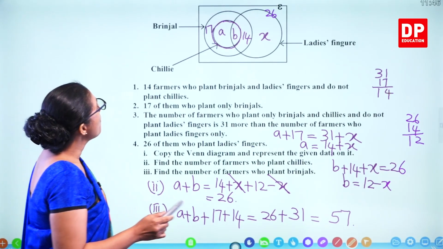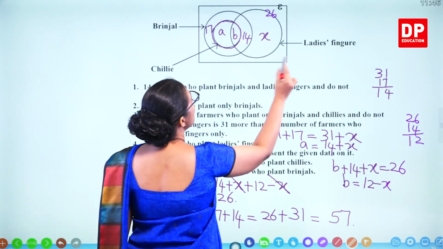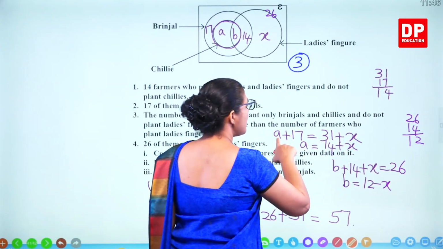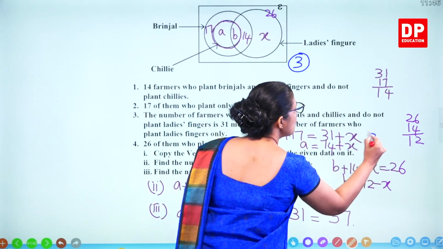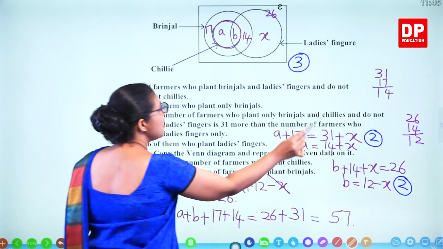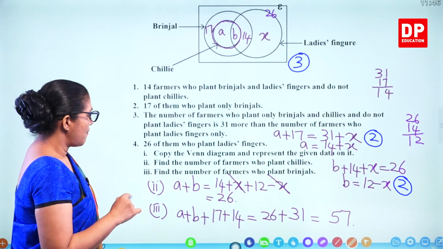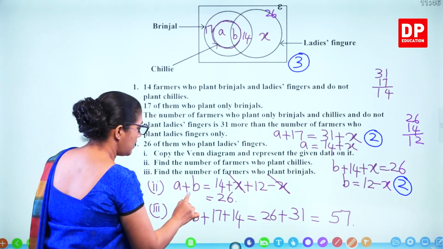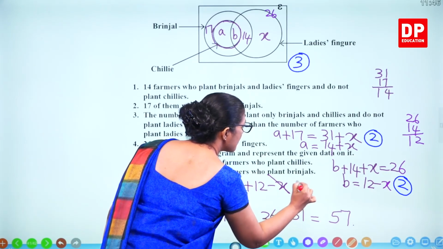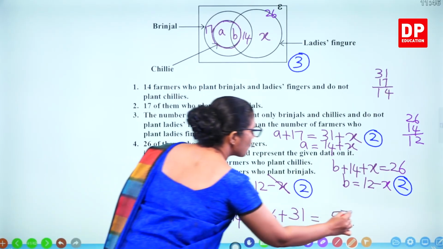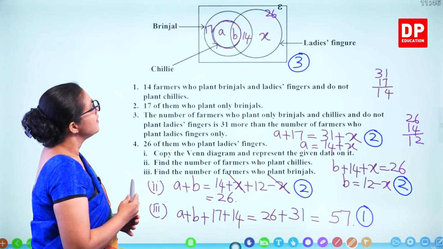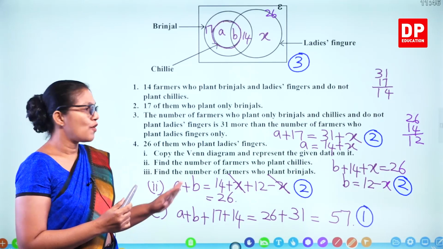So marking relevant ones we can give 3 marks, and writing down this equation we can give 2 marks, and here this one another 2 marks. 3, 4, 5, 6, 7, and here this one 2 marks and 1 mark for the other one. 2, 3, 4, 5, 6, 7, 8, 9, 10. So altogether 10 marks for this question.